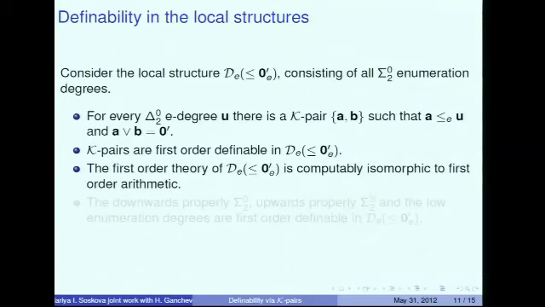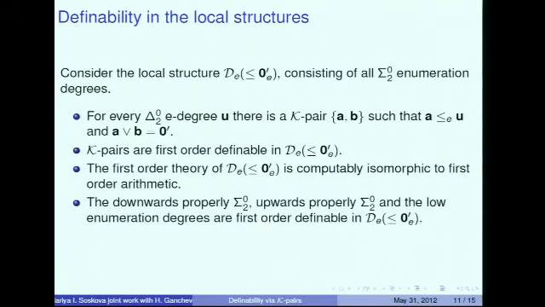In the local structure, we also proved that k-pairs are first order definable, which was technically a much more complex result, but it had very nice consequences. Because of it, we were able to characterize the first order theory of the local structure as computably isomorphic to first order arithmetic.